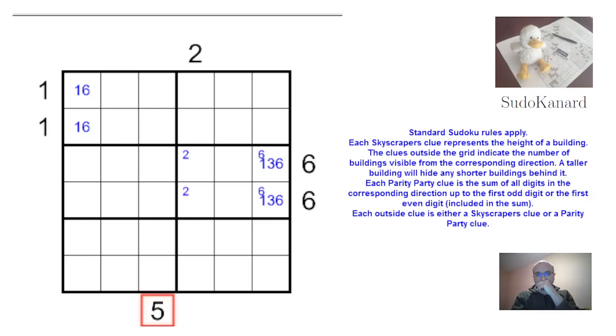5 as a skyscraper is quite powerful because we see 5 buildings, so there's only one hidden building.